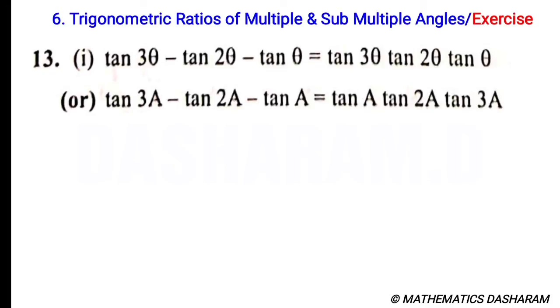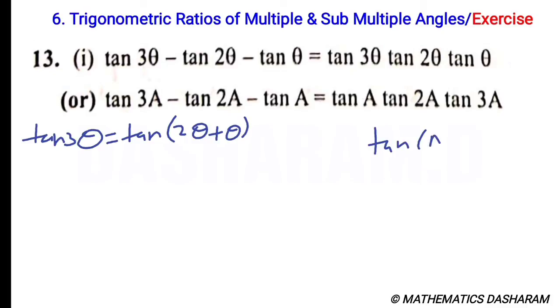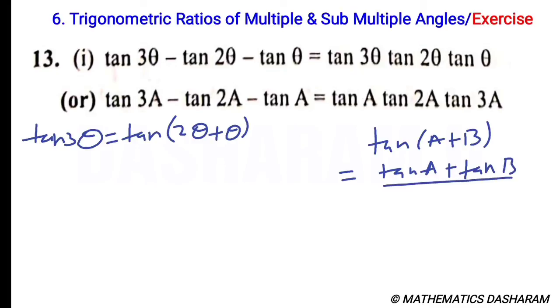So first I am going to select tan 3 theta. So tan 3 theta can be written as tan of 2 theta plus theta. Now here, the tan A plus B formula. So tan A plus B equals tan A plus tan B divided by 1 minus tan A into tan B. So here A value is 2 theta and B value is theta.